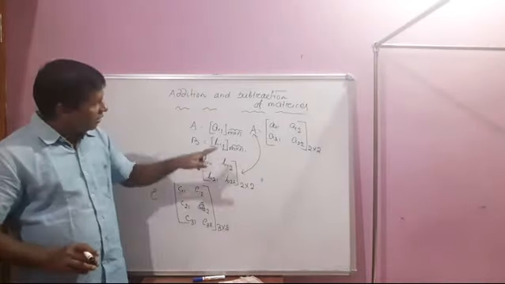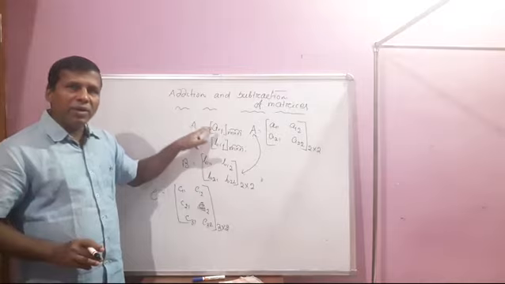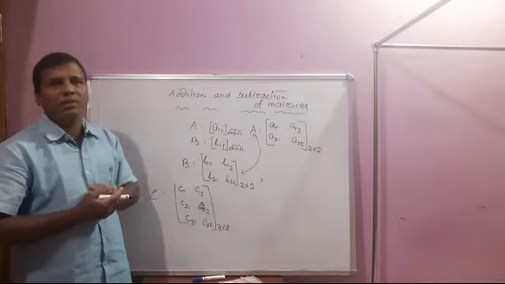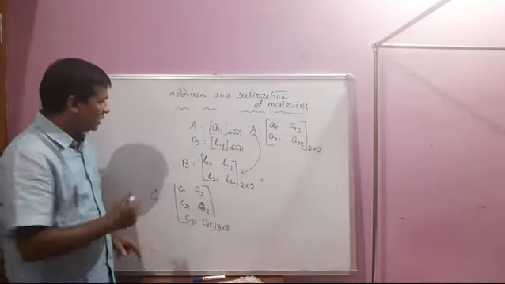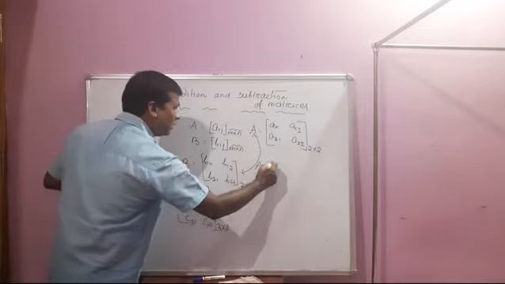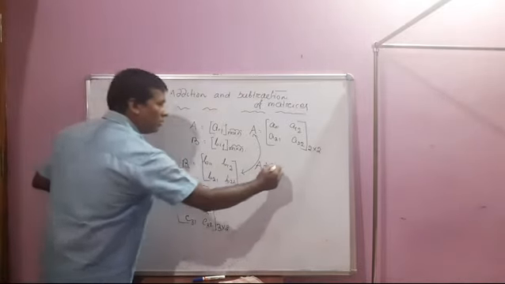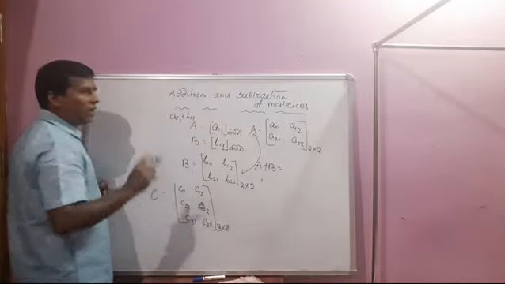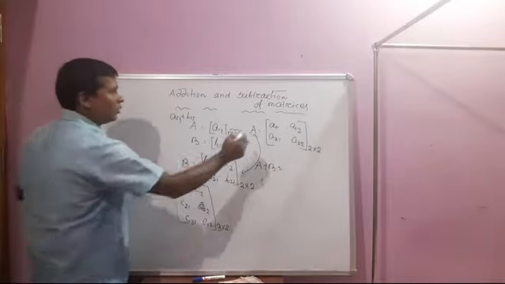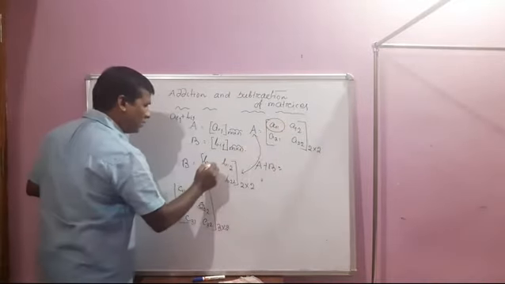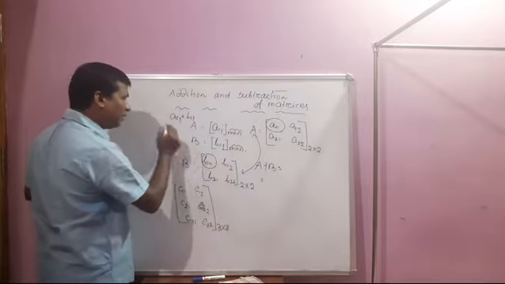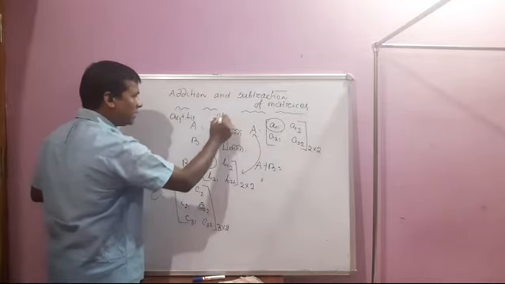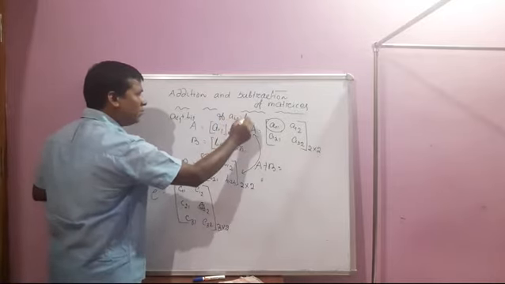In this case, only Aij at the same position is added with Bij of the other matrix, such as A plus B, where only Aij is added with Bij of the same entry positions. So A11 is added with B11.